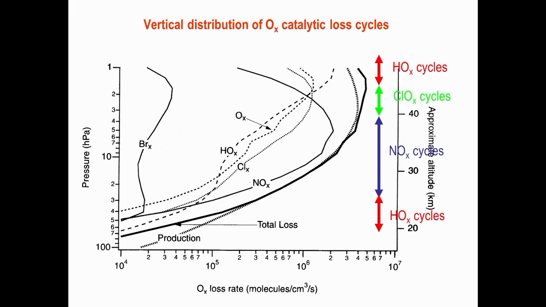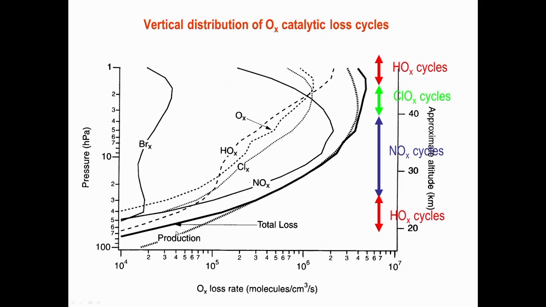So if you look at this vertical profile of the ozone, of the concentrations of the different participating species in the atmosphere, here's a pressure scale, this is an altitude scale, and this is the loss rate. So it's the total loss rate of the odd oxygen species, that's atomic oxygen plus ozone.